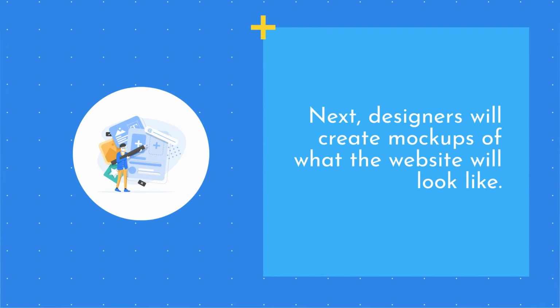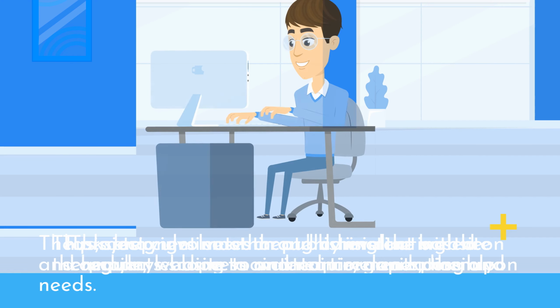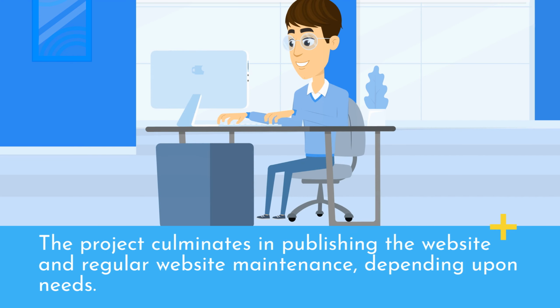Next, designers will create mock-ups of what the website will look like. These designs are then sent back to the client for approval or revision before moving on to coding, where the website is coded in HTML and CSS. The project culminates in publishing the website and regular website maintenance, depending upon needs.